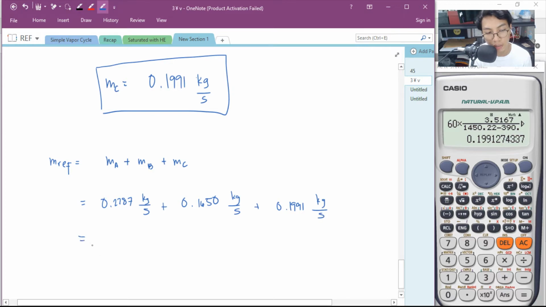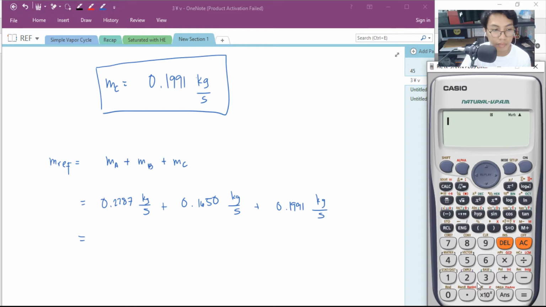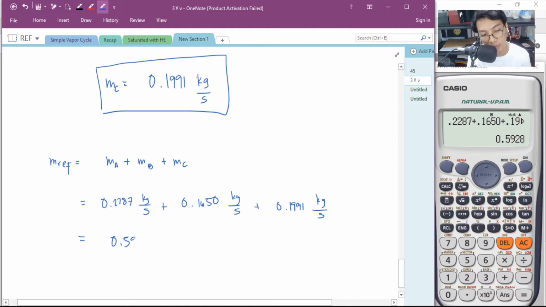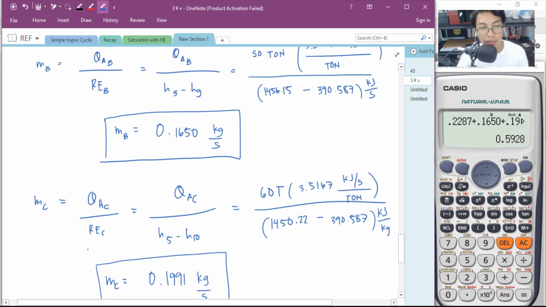The mass of the refrigerant is 0.2287 plus 0.1650 plus 0.1991. The answer is 0.5928 kilogram in every second of refrigerant. Ang laking flow na nito. Okay?